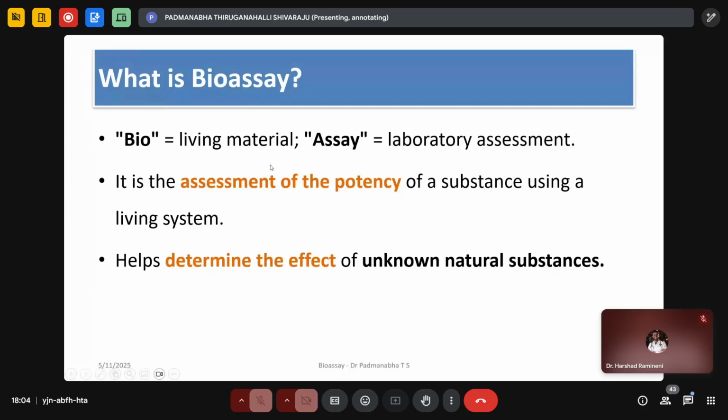That is where the bioassay comes into place. So we are testing unknown natural substances to determine their effect, meaning how potent and how efficacious they are in producing effects on the living system. So please remember, bio means we are dealing with the living system.